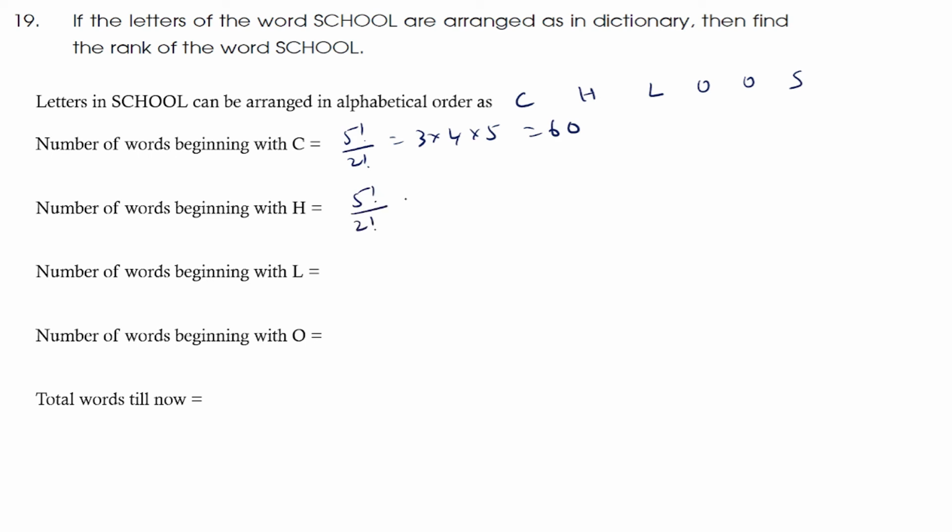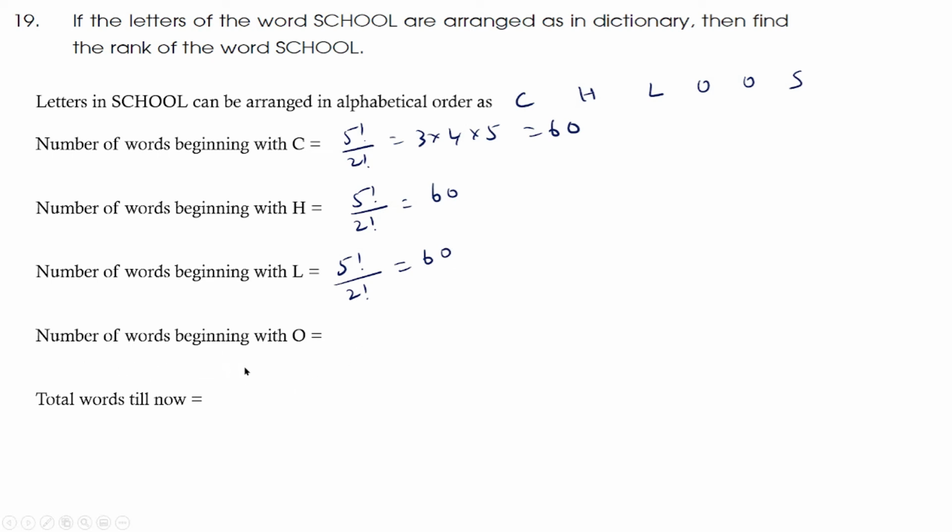So 5 factorial by 2 factorial. So this is again equal to 60. Then the number of words beginning with L will be, the position of L is fixed as the first position. Then remaining we have 5 letters, in that O is repeated. So we have 5 factorial upon 2 factorial. So this is 60.